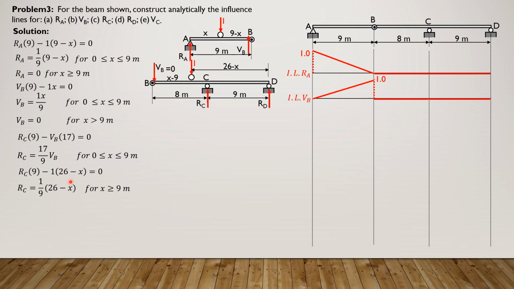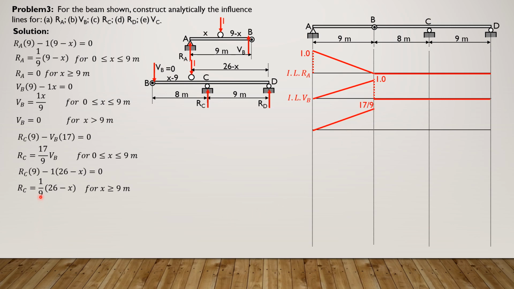meters. So we now plot. When x is 0, R sub C is 17 over 9 of 0, so it is 0. When x is 9, this is the formula: 17 over 9 of 1 is 17 over 9. So it is 17 over 9 there.